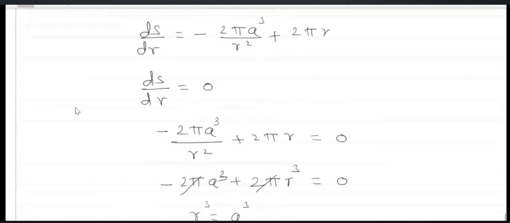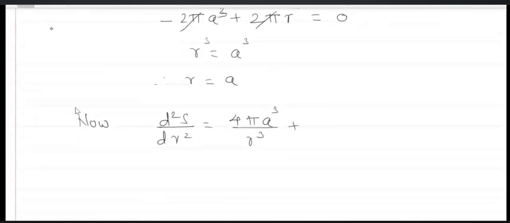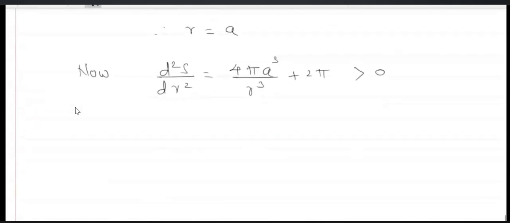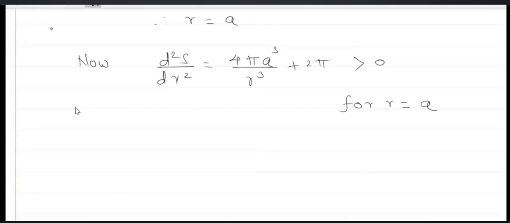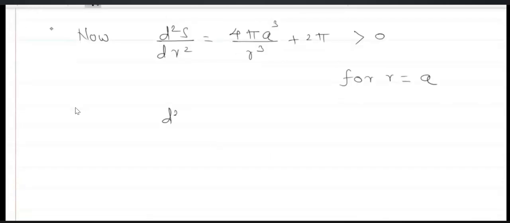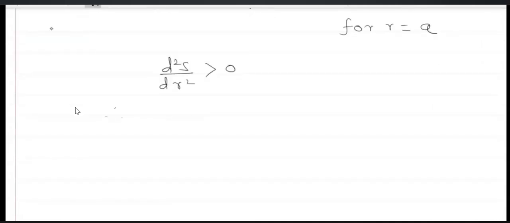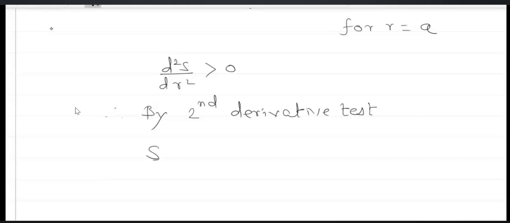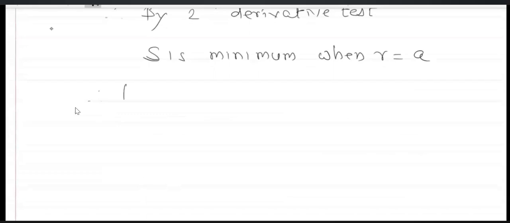d2s upon dr square, that is 4 pi a cube upon r cube plus 2 pi, which is positive for r equal to a. By the second derivative test, S is the minimum when r is equal to a.